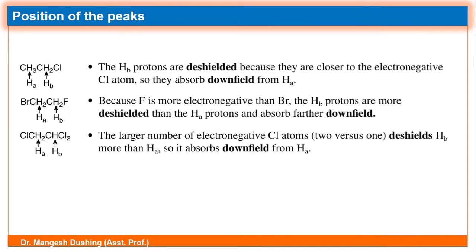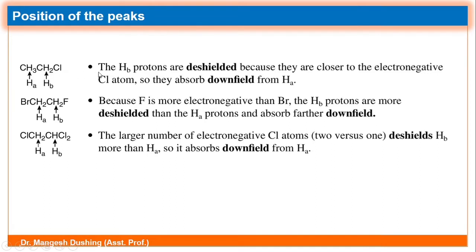Now we'll see some examples. For example, ethyl chloride. In this case, there are two types of protons. You will get two peaks, one peak for Ha, one peak for Hb. Now in this case, you can see that the chlorine is attached to the carbon which has the Hb protons. So chlorine has a minus I effect. Because of this minus I effect, electron density is more towards the chlorine atom rather than the proton.